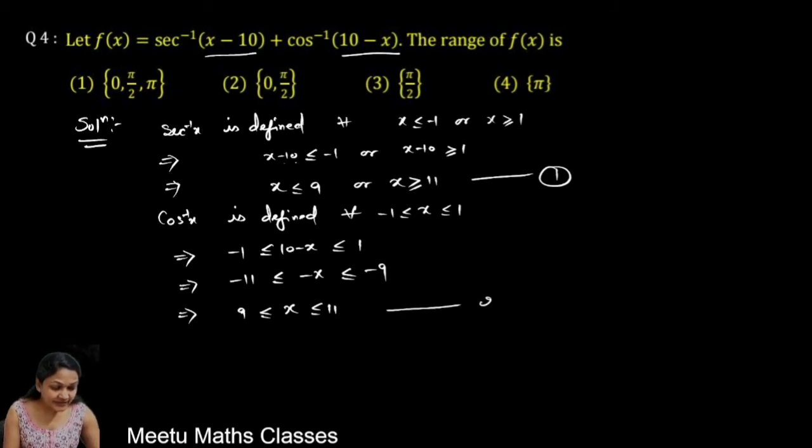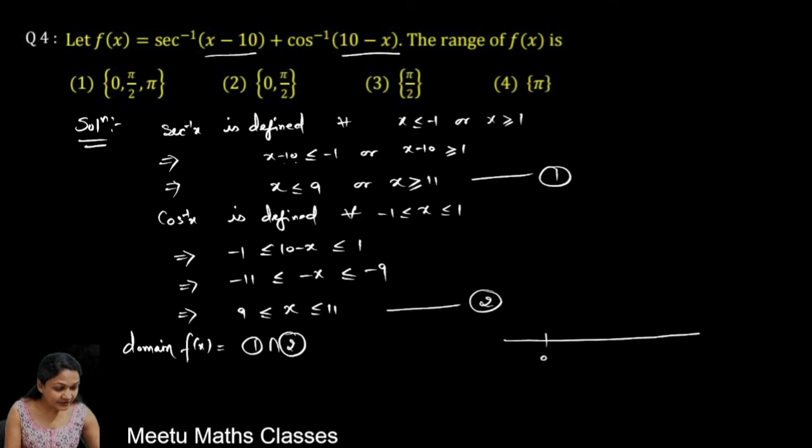So this is the domain of cos inverse of (10 minus x). Now the domain of f(x) is the intersection of these two domains. The first says x can be less than or equal to 9 or greater than or equal to 11, and the second says x can take values between 9 and 11. So the common domain will be only 2 points, 9 and 11.